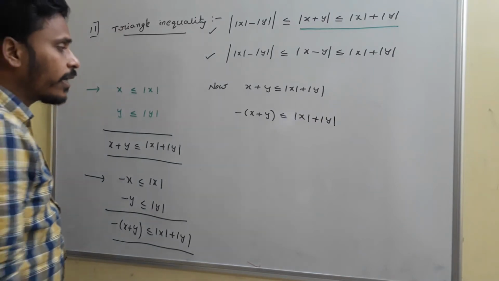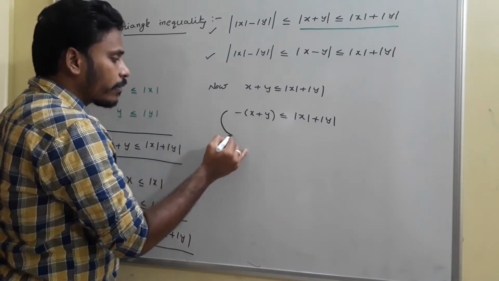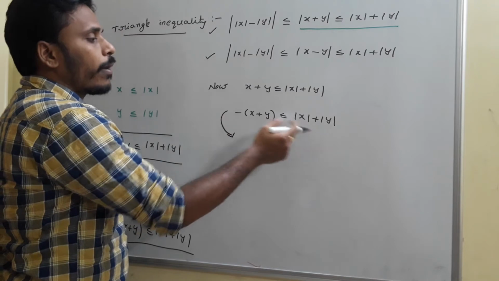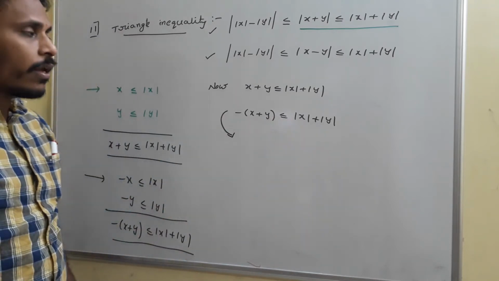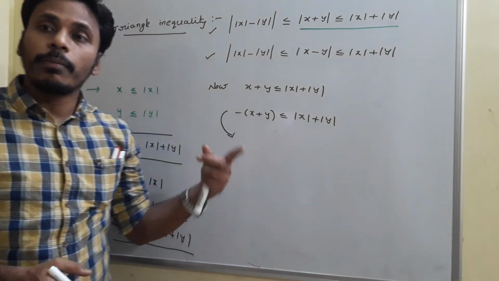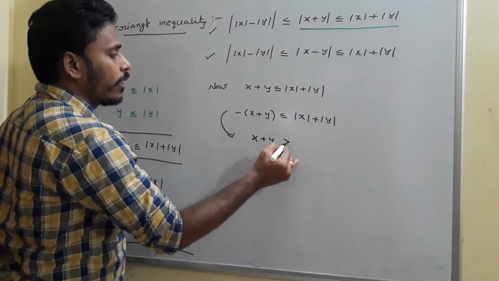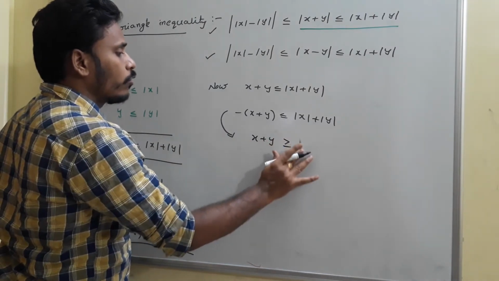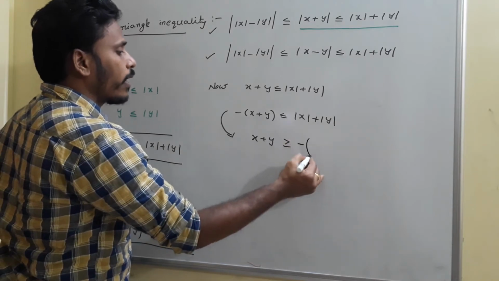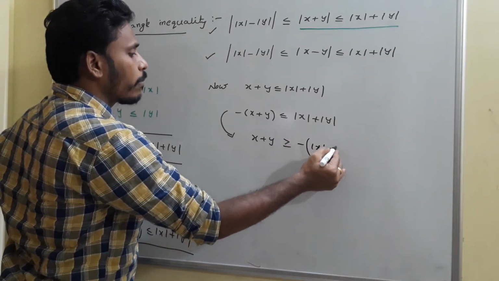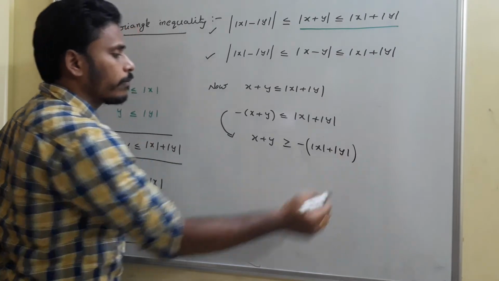Then I will rewrite this second statement. If you multiply both sides by a minus sign, this less than or equal to will become greater than or equal to, and it becomes x plus y is greater than or equal to, since we are multiplying by a minus sign, on the right side you will get minus of (mod x plus mod y).